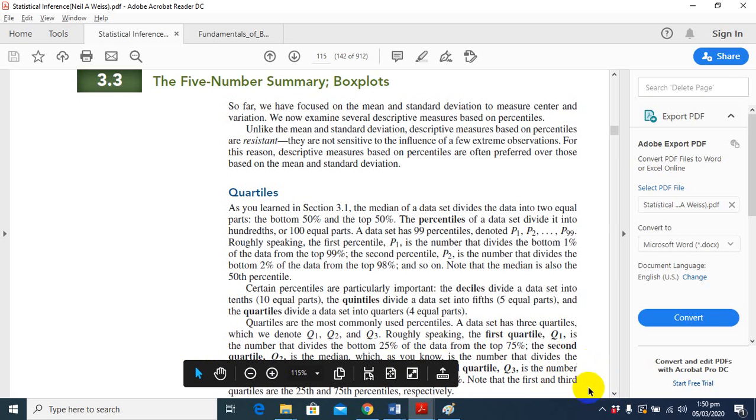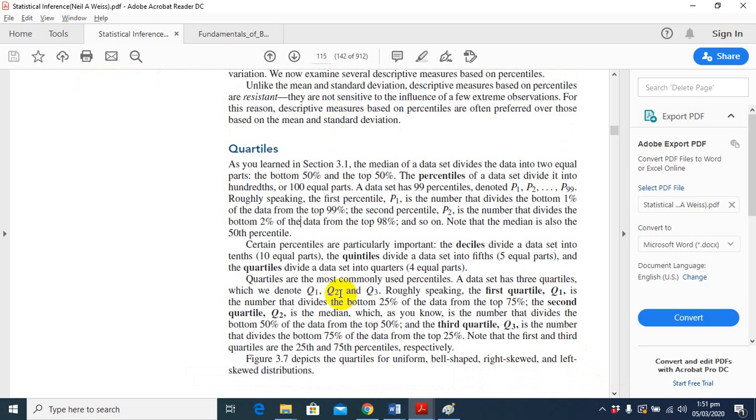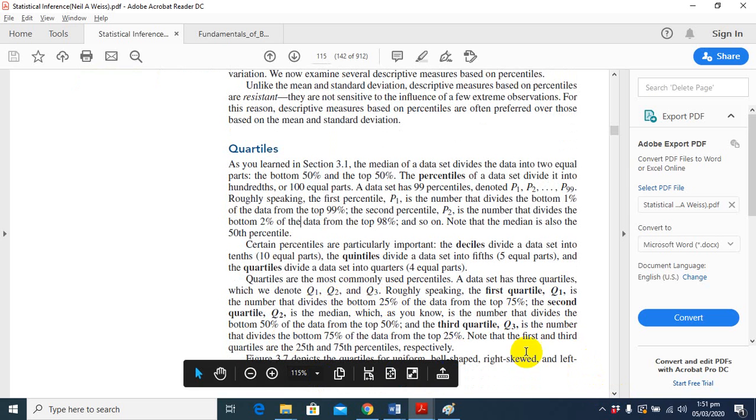Similarly, second quartile and third quartile. So there are three quartiles, Q1, Q2 and Q3. Roughly speaking, the first quartile, Q1, is the number that divides the bottom 25% of the data from the top 75%. The second quartile, Q2, is the median actually.